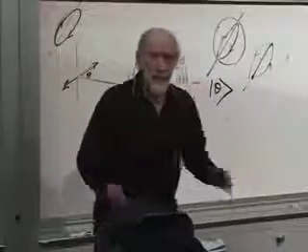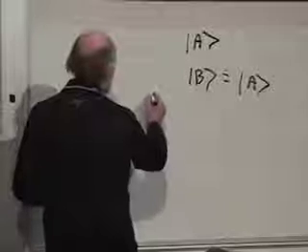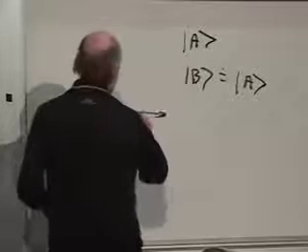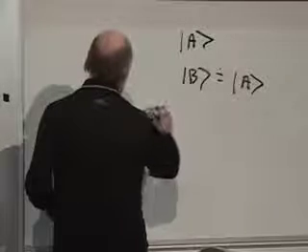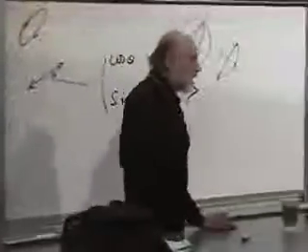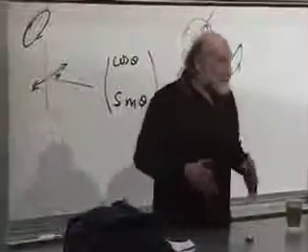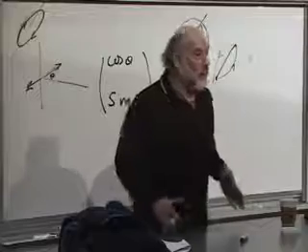But you could have two vectors, for example, two polarization states, one which is polarized horizontally and one which is polarized almost horizontally. If we were to take that photon which was polarized almost horizontally and measure its horizontal polarization, we might in fact discover that it was horizontally polarized.